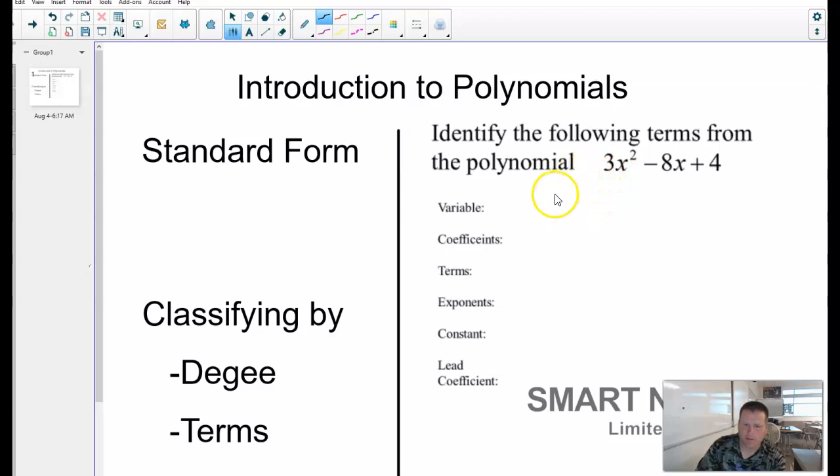So let's identify each of these. A variable, guys, you have probably realized, is just the letter, and the letter represents an unknown value in our expression.